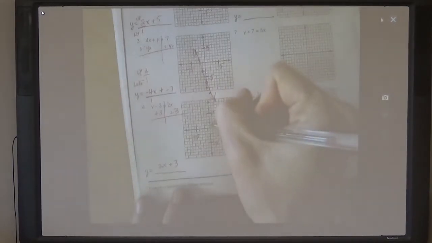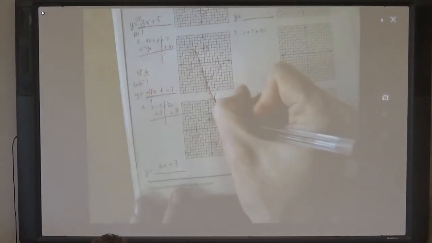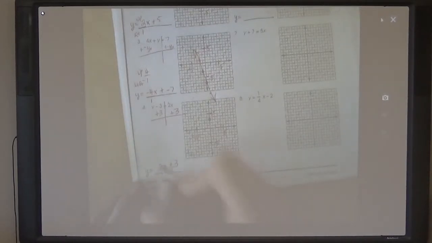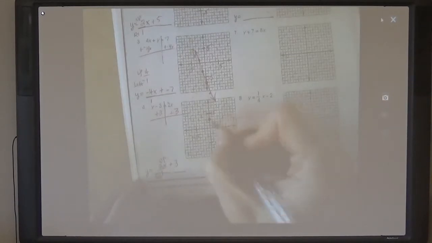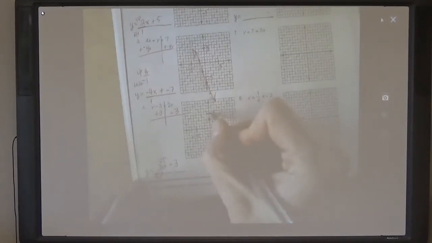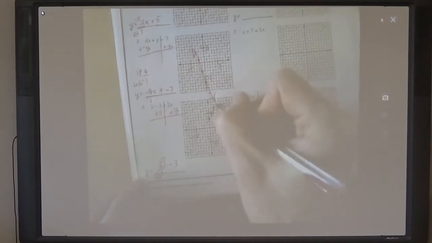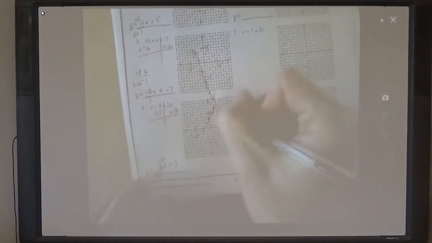So mark 3 on the y-axis. Then from there, how would we get to the slope? You go up 2 and 1 to the right. Good. Up 2, right 1. We could go again. Up 2, right 1. So we have 3 points on the graph, if you want to.